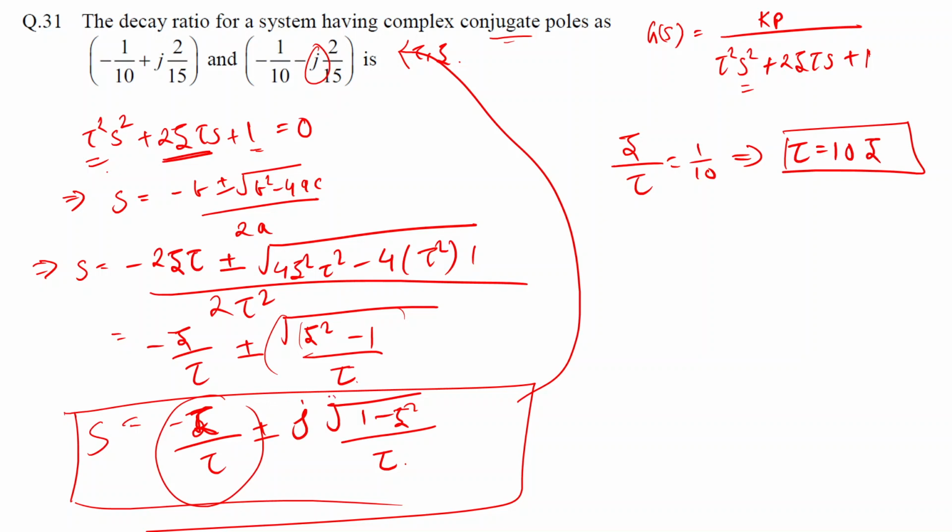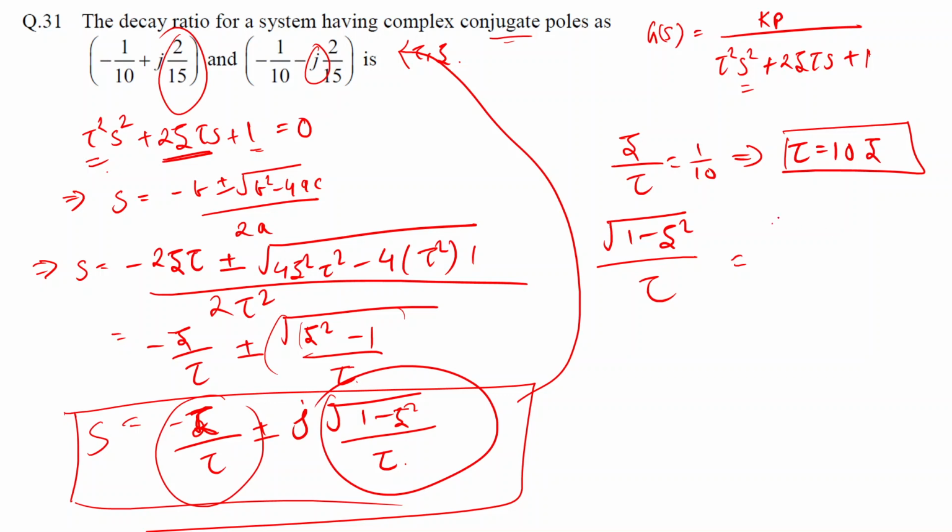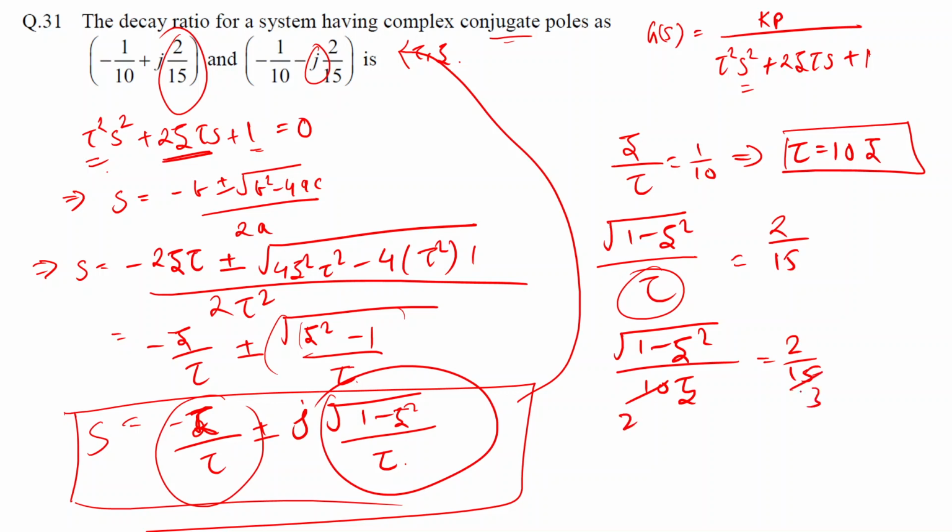Now the second term is under root of 1 minus zeta square upon tau, and from here we can write it as 2 upon 15. We can replace the value of tau from this and we will be getting under root of 1 minus zeta square upon 10 zeta is equal to 2 by 15. Let's just simplify it.